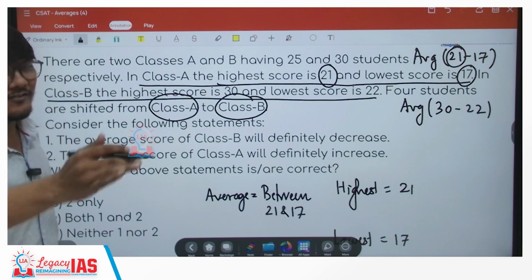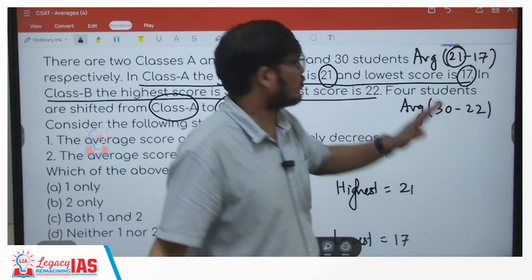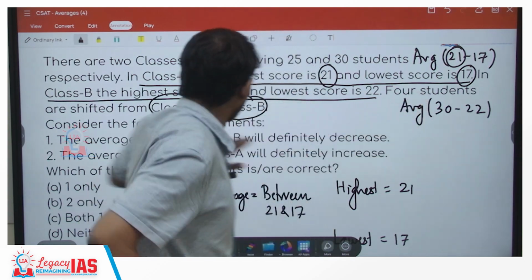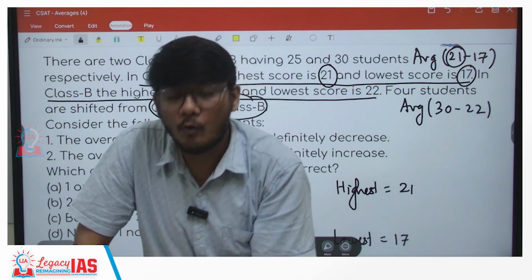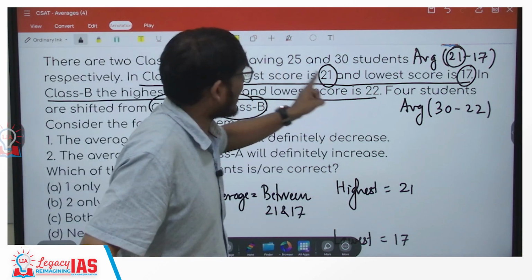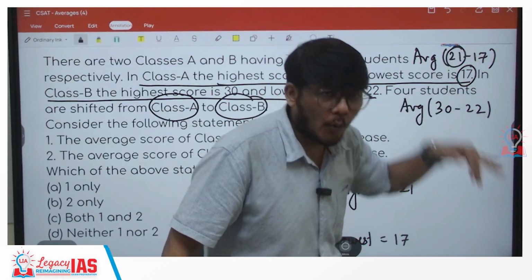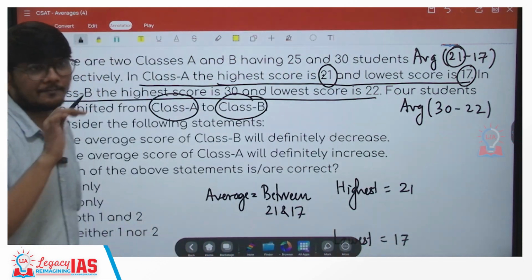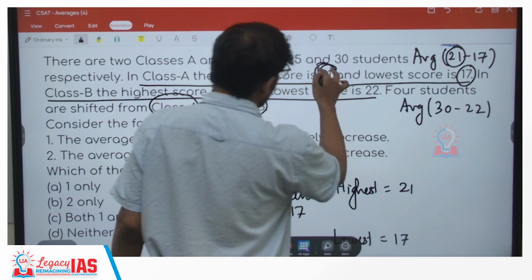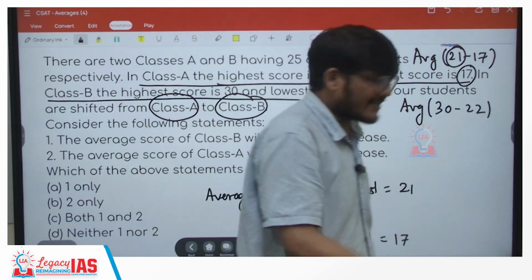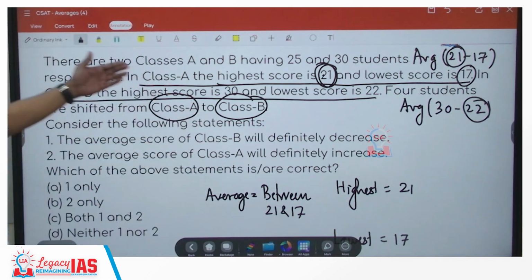Since class A has a lower average than class B, if you shift any 4 students from class A to class B, class B's average will go down. Why? Because even the highest scorer of class A has a score lower than the lowest student of class B. That's why class A's average is lower.